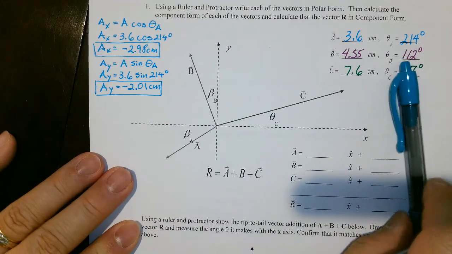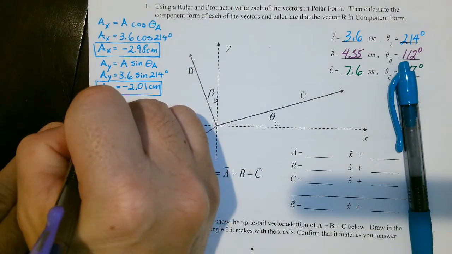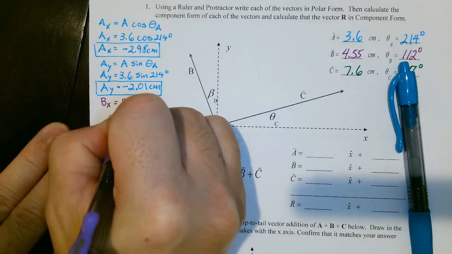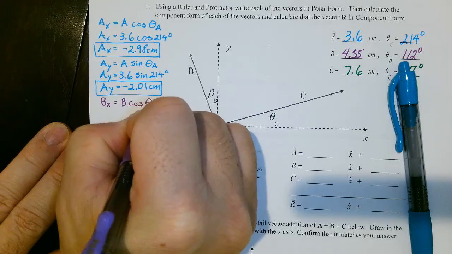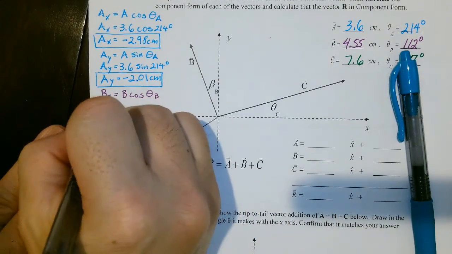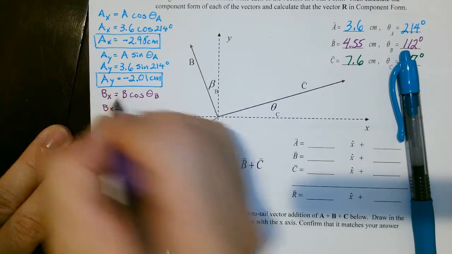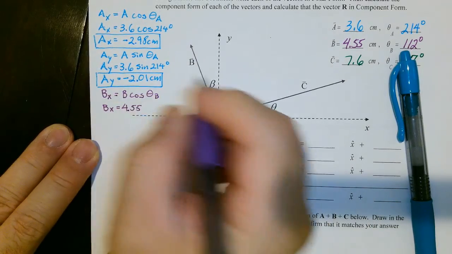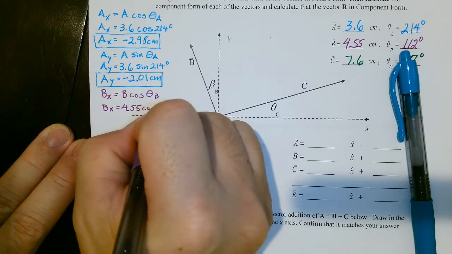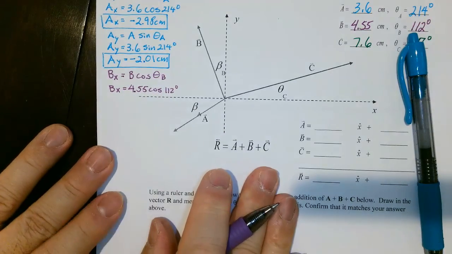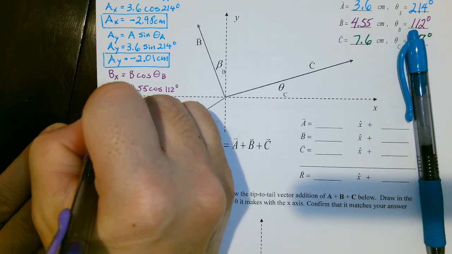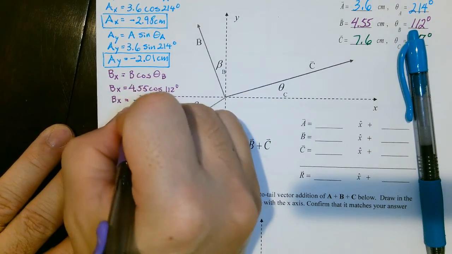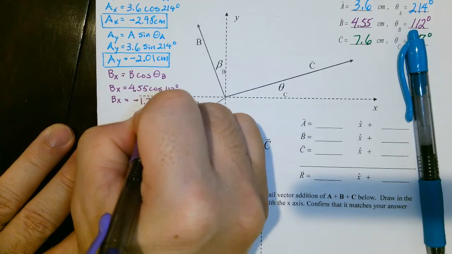Then your Bx is equal to B times cosine of theta B, that is 4.55 times cosine of 112. So your Bx is equal to negative 1.70 centimeters.